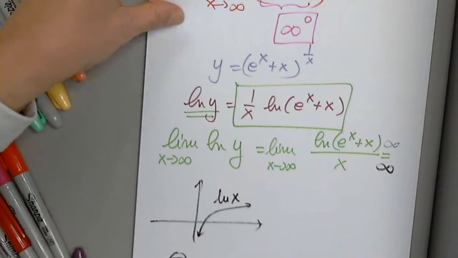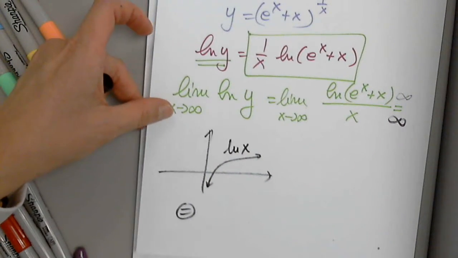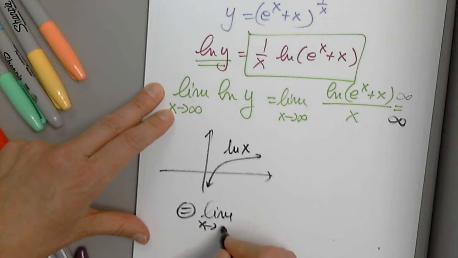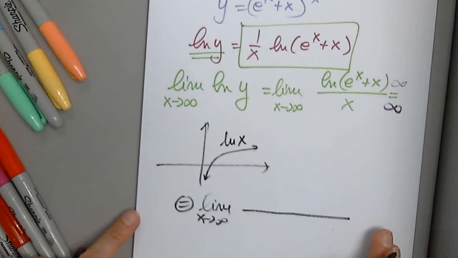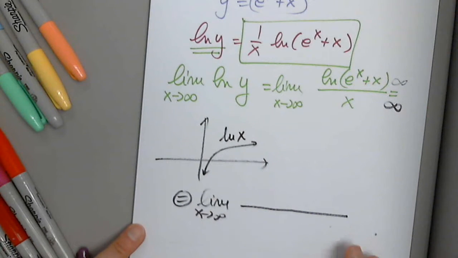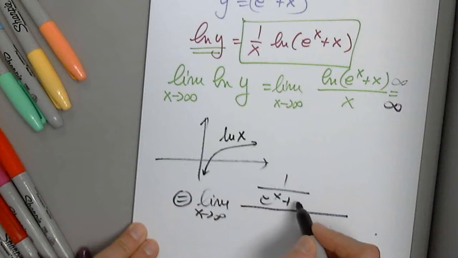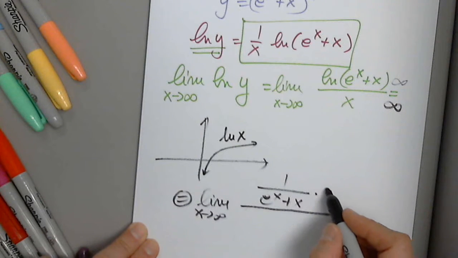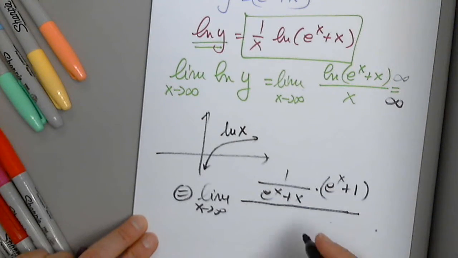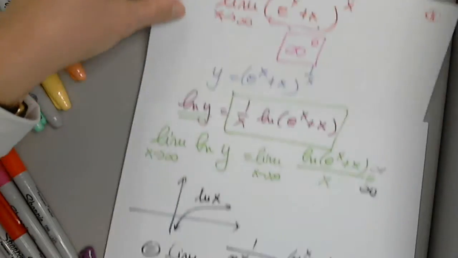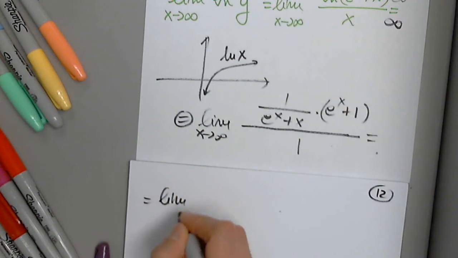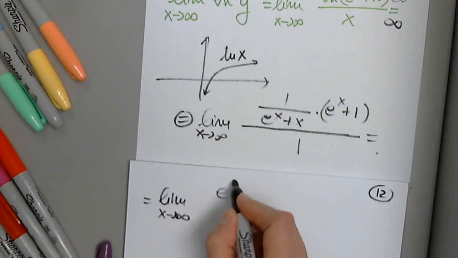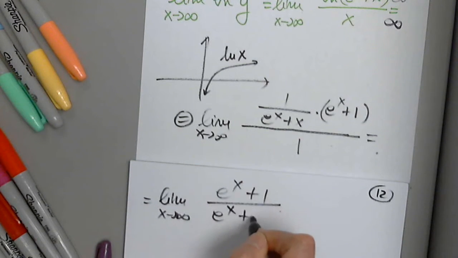So then differentiate the top because it's inside a limit as if it's alone on the planet. So it's 1 over e to the x plus x times e to the x plus 1. Excellent. And the bottom? 1. Looks promising. So this is the limit as x approaches infinity of e to the x plus 1 over e to the x plus x.